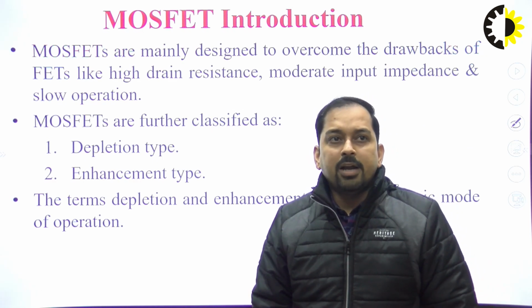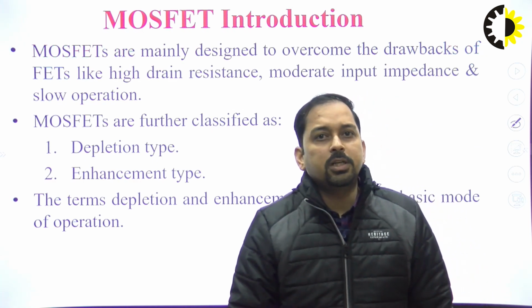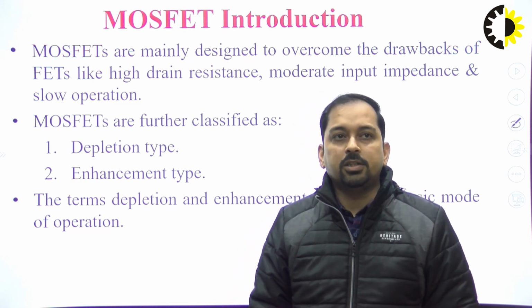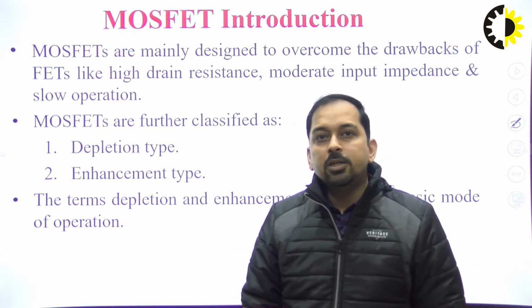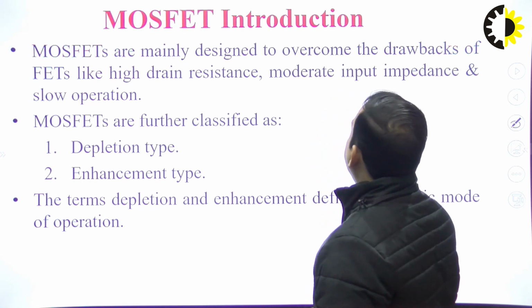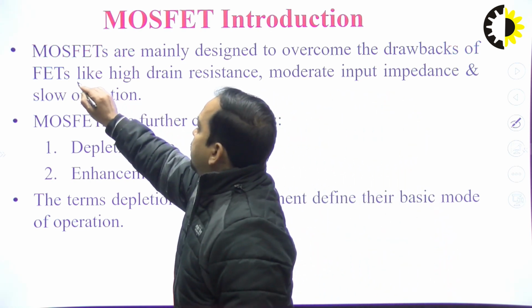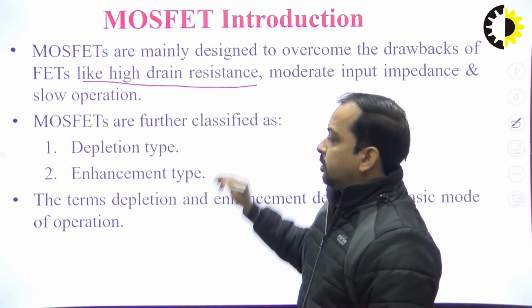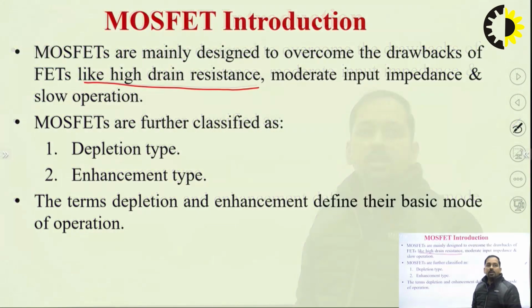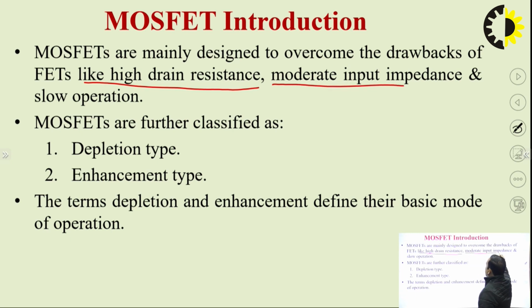Now, the advantages of MOSFET over FETs, which are field effect transistors. MOSFETs are mainly designed to overcome drawbacks like high drain resistance. In the case of FET, there is a high drain resistance and the input impedance is only moderate, so we can say that the FET was not very suitable for amplification purposes.